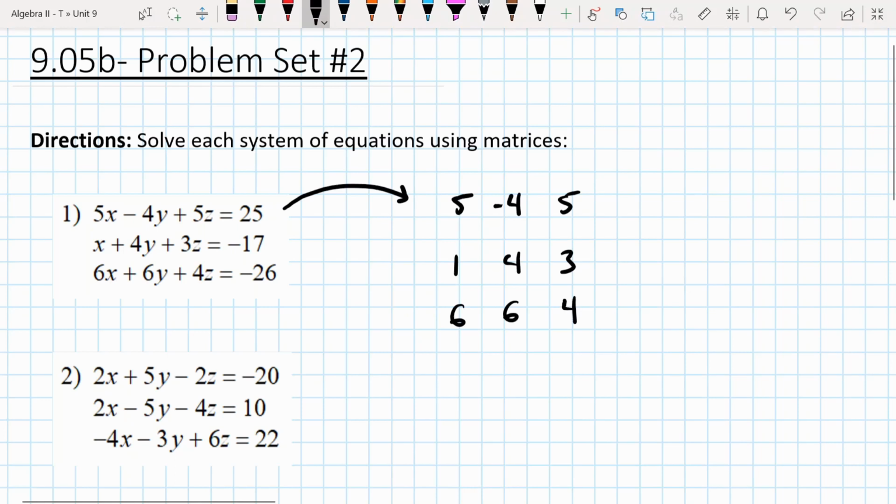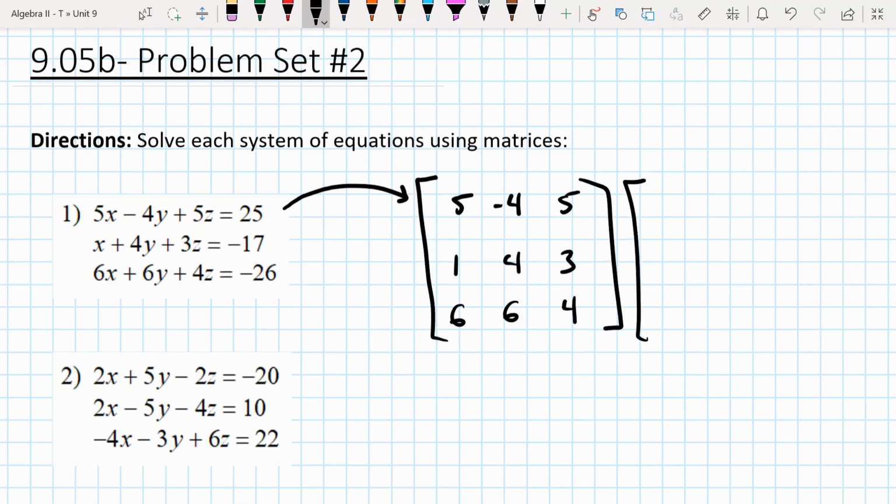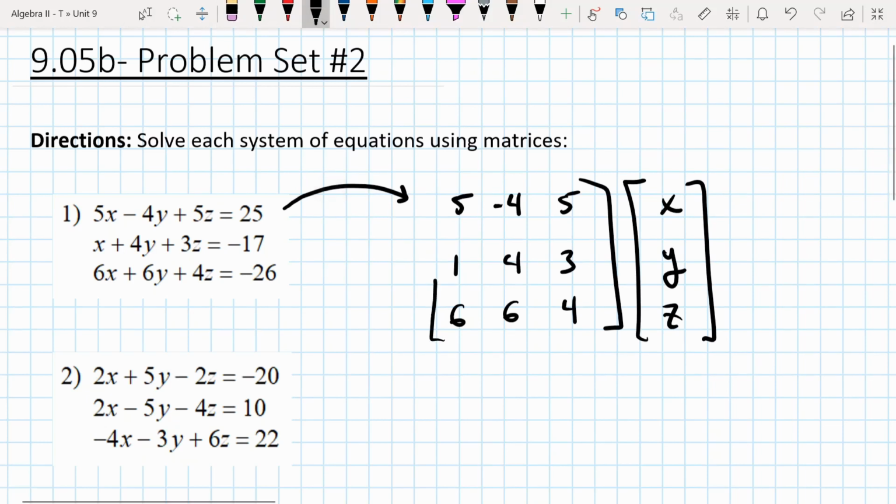And we're going to multiply it by a 3 by 1 matrix X, Y, Z. And this is going to be equal to the numbers on the right-hand side of the equation, which is 25, 17, and negative 26.